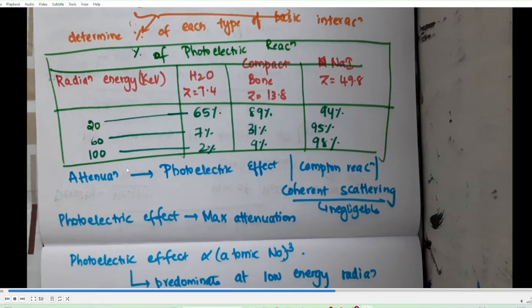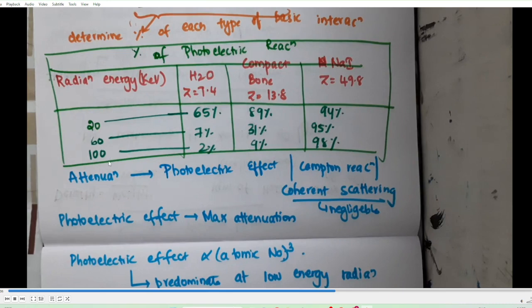So as radiation energy increases, the photoelectric effect reactions for water and bone decrease, and as the atomic number increases from water to the compact bone to the sodium iodide, the percentage of photoelectric reactions increases. At extremely low energy, that is at around 20 kiloelectron volts, photoelectric effect predominates regardless of the atomic number of the absorber.